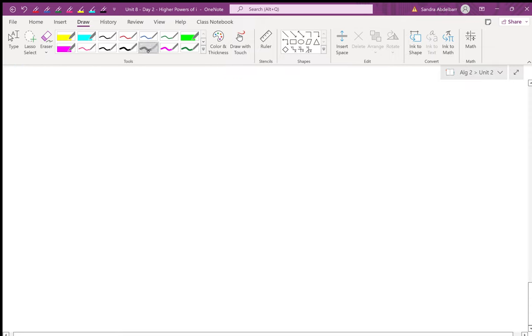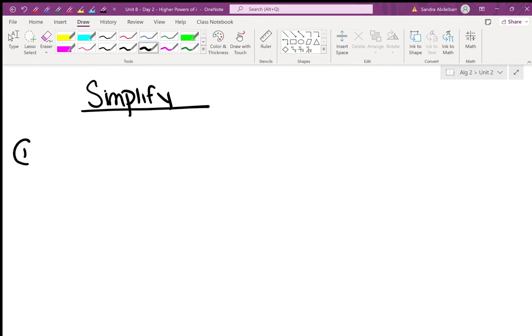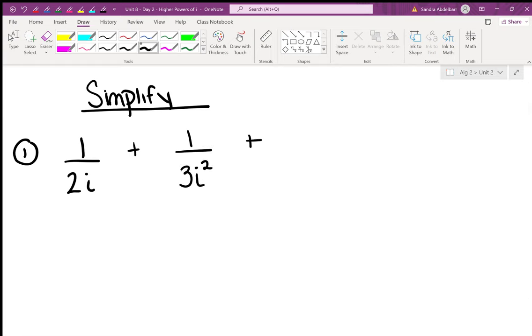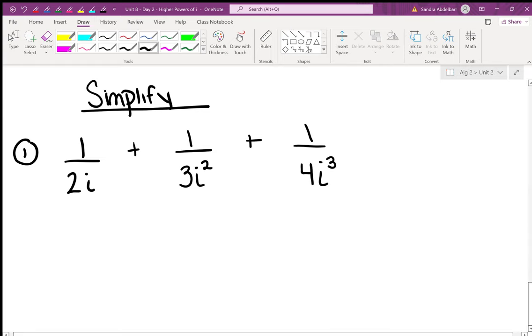My directions are to simplify. So I have 1 over 2i plus 1 over 3i squared plus 1 over 4i cubed. Okay, is this an equation?